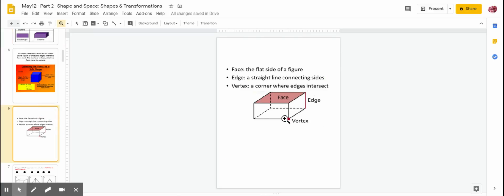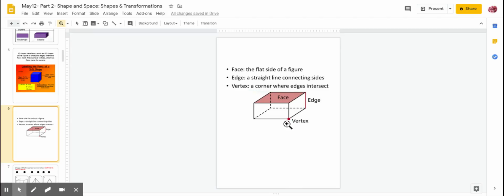When we look at different shapes, we have to study what they all mean. So for this one here, for example, the face is just the top part. Sometimes we even could call this the face. It really depends. An edge would just be the lines, so like the edge of the object. And then the vertex is where they are meeting.